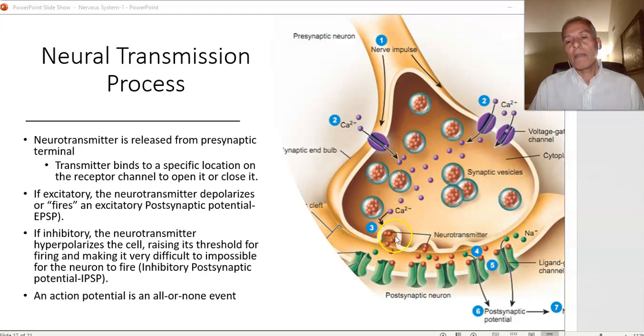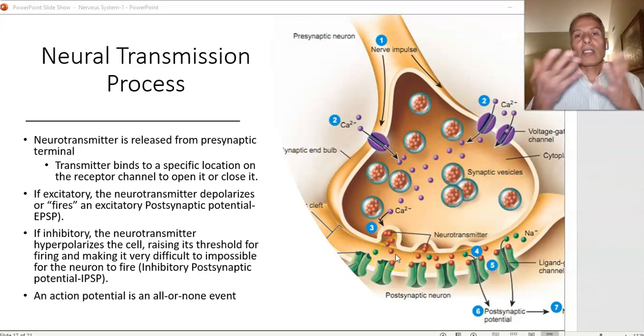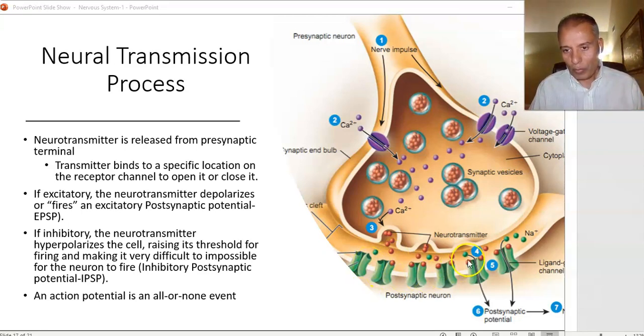And if the neurotransmitter induces an excitatory signal, it means it opens the receptor channels, and it allows the signal to go through. If the neurotransmitter causes the gate to close, that means that the signal is inhibitory, and it will prevent the signal from going through, which means that the other neuron is not going to fire in response.